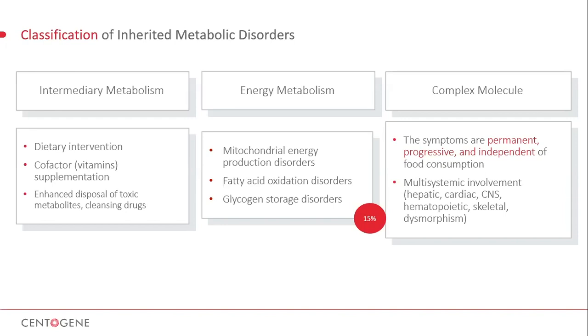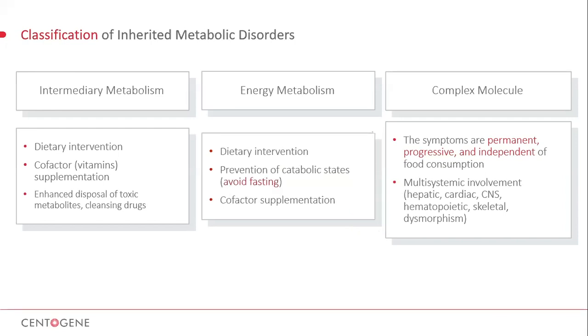Now, they also account for about 15% of the total cases, and some of them may be treated, including dietary intervention, mainly trying to avoid fasting or to adjust some micronutrients in order to facilitate alternative sources of energy. They may also benefit from some cofactor supplementation.